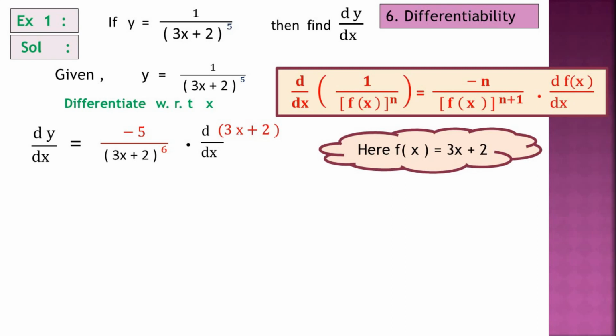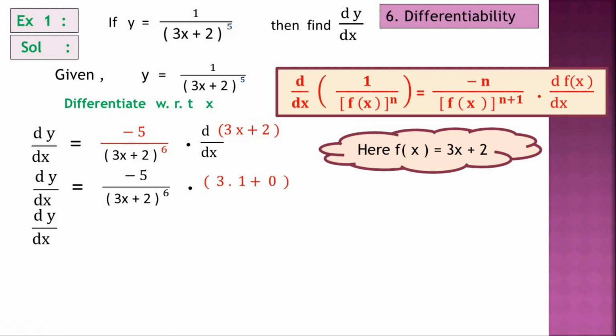In the next step, we have d by dx of the function 3x plus 2; if you write that derivative, that becomes the solution. So this function as it is, minus 5 divided by 3x plus 2 whole raised to 6, into the derivative of 3x plus 2. In this, 3 is a constant and x is the function. What is the derivative of x? 1, therefore it becomes 3 into 1, and 2 is a constant, therefore its derivative is 0.